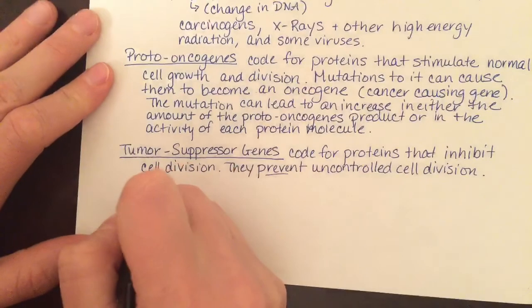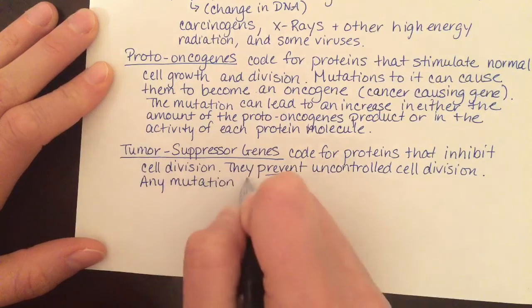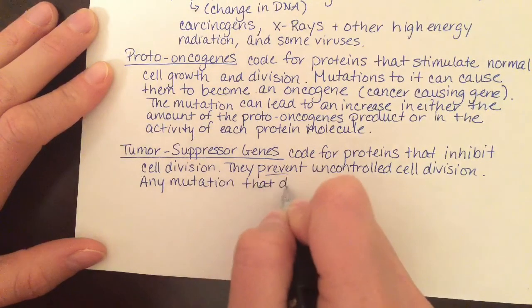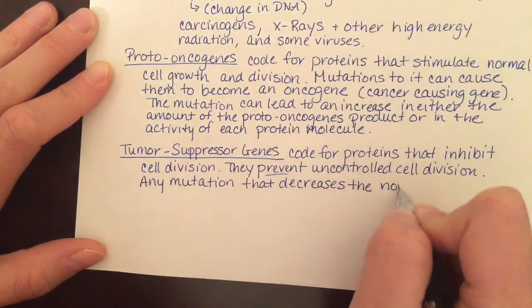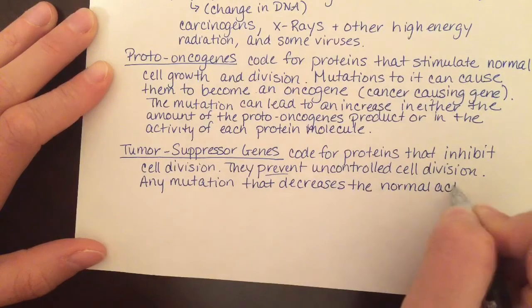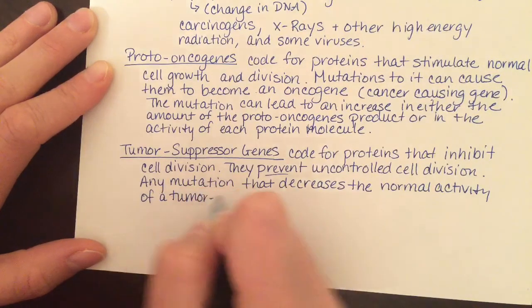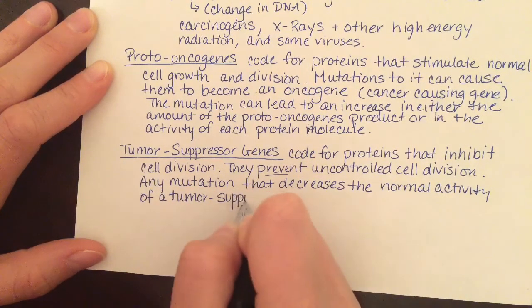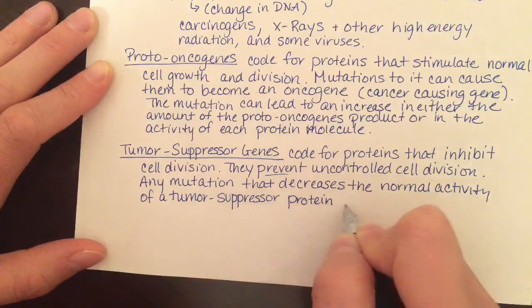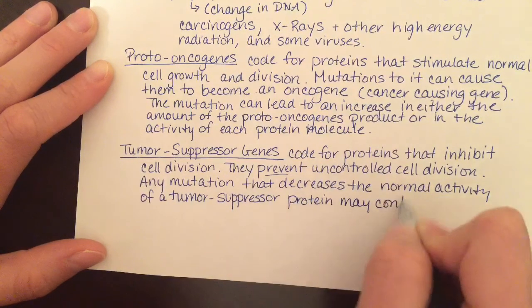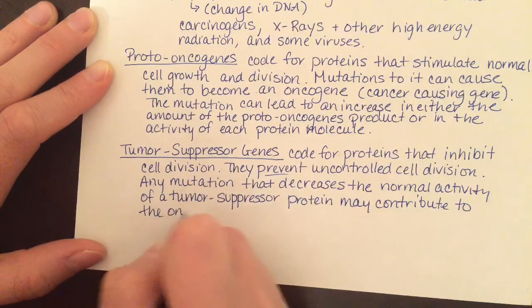So let's write this. Any mutation that decreases the normal activity of a tumor suppressor gene, or sorry, protein, may contribute to the onset of cancer.